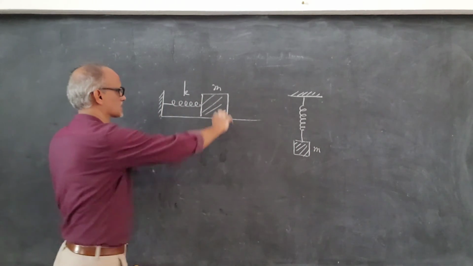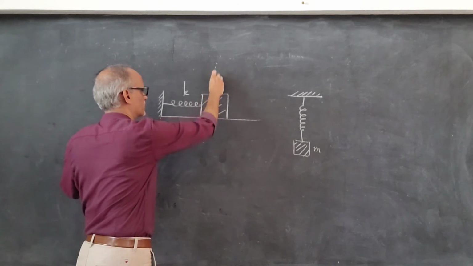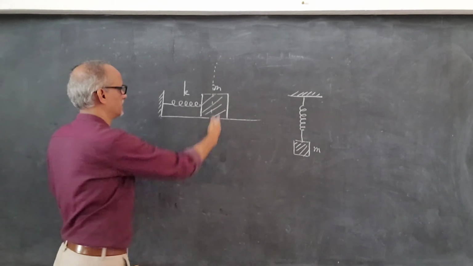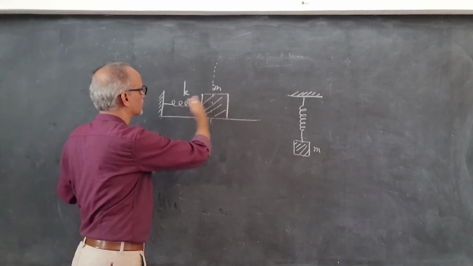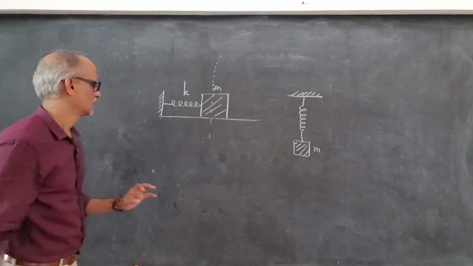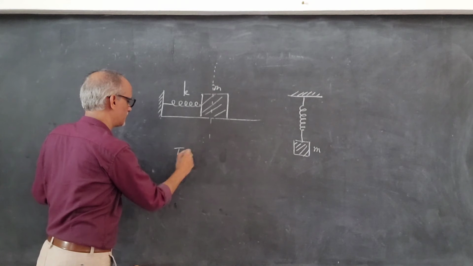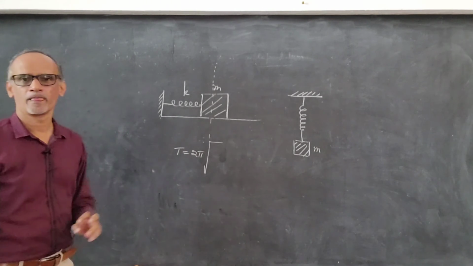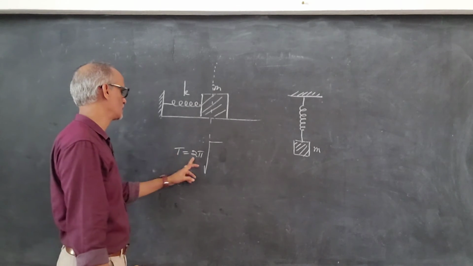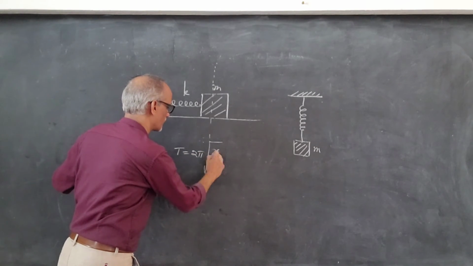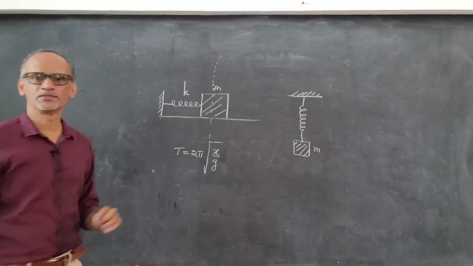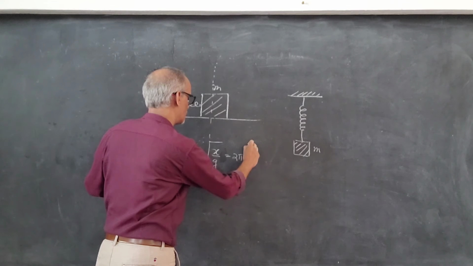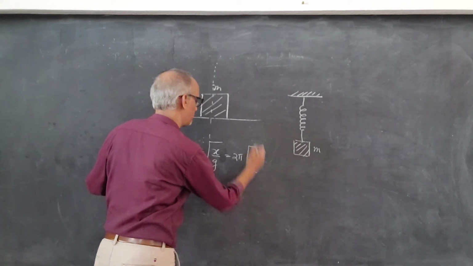If the block is pulled like this, this is the mean position. If the block is pulled and then left, it oscillates about the mean position horizontally. So we can find the time period of oscillation of the block, which is T is equal to 2 pi root of x by g, or that is also equal to 2 pi root of m by k.